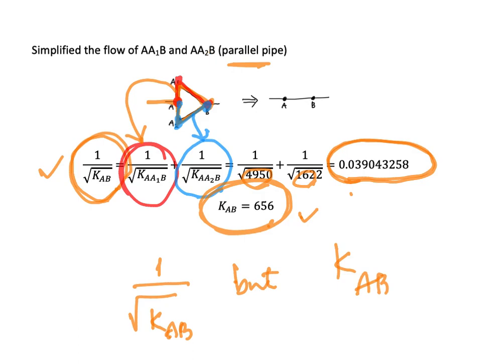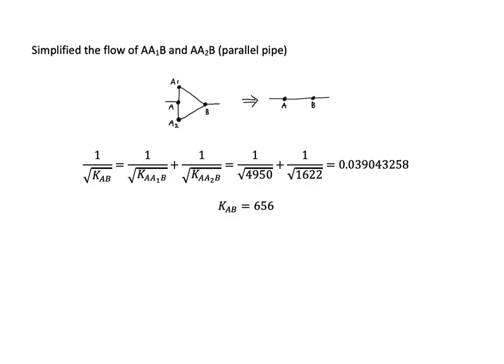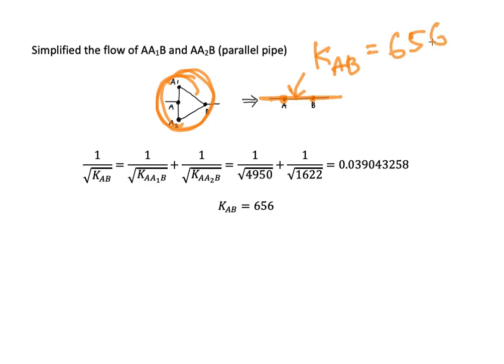What we mean by 656 is that if we change the formation from this parallel pipe into one straight line here, the resistance at this one is K AB, equal to 656. So the resistance between A and B can be simplified as 656 according to this calculation.